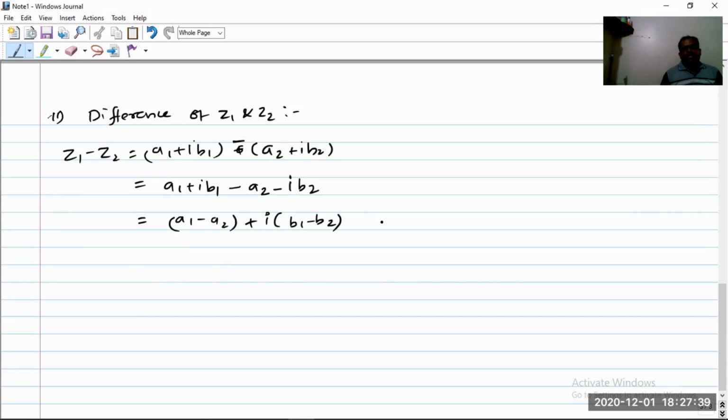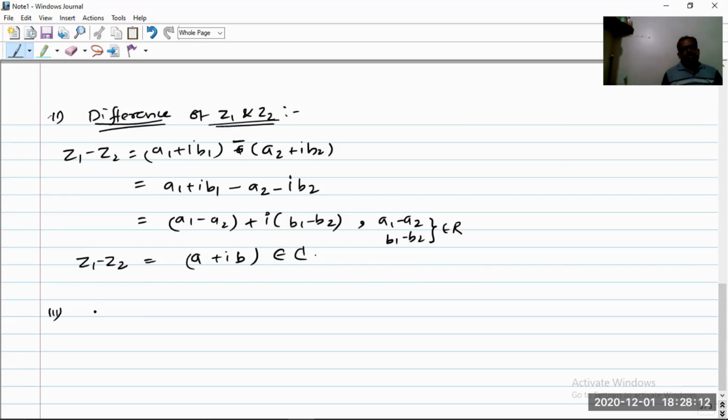So A1 minus A2 as well as B1 minus B2 both belong to the set of real numbers. I can denote the difference as A, and the difference of the two real numbers B1, B2 as B. I can say that the difference of two complex numbers Z1 and Z2 is also a complex number. Hence the difference of two complex numbers is also a complex number.